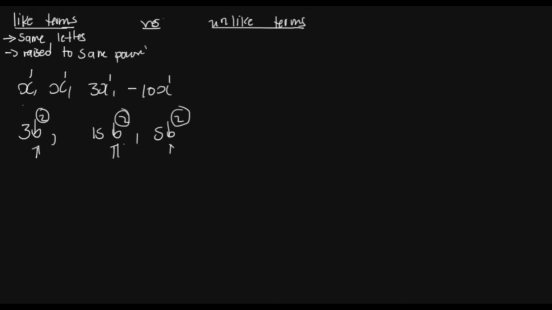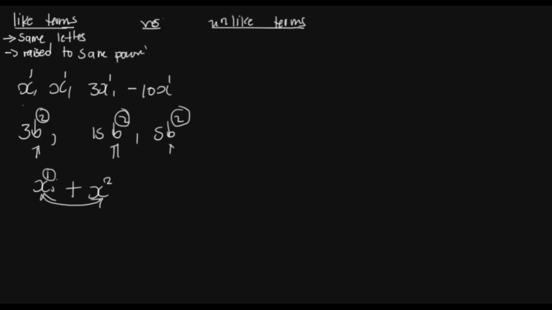For expressions to qualify to be like terms, they should consist of the same letters and also be raised to the same power. Now, in a case where we have letter x raised to the power 1, plus letter x raised to the power 2, these are not like terms because even if they have the same variable, the powers are different.